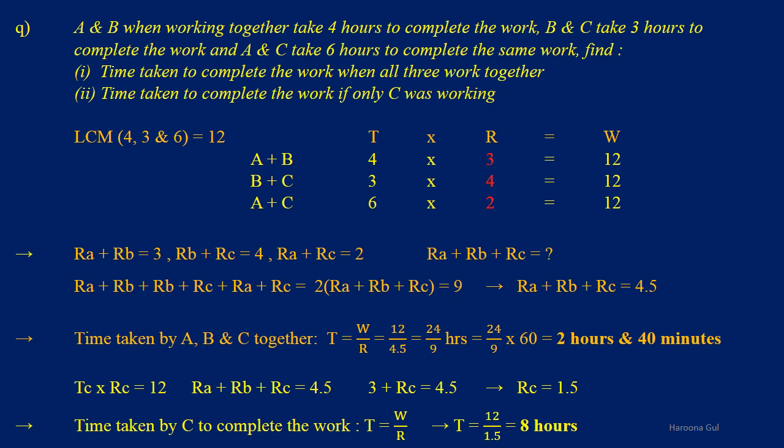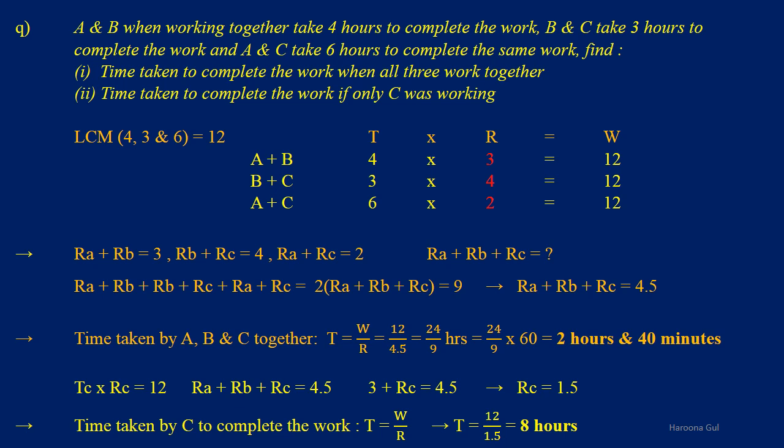Now for the second question, the time taken to complete the same work when only C is working, we need to find RC, and we know that TC into RC is equal to 12. We have RA plus RB plus RC equal to 4.5, and we also have RA plus RB equal to 3.